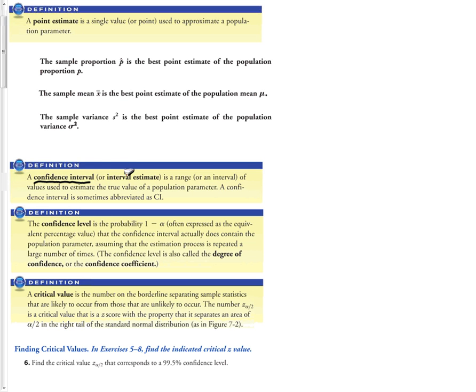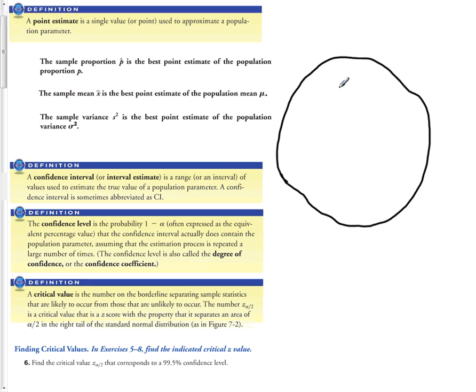All right, so what does that mean? Well, we have a huge population, and we can't really do a census to get all the information from the population. What we're going to do is create an estimate based on a sample. There are many samples that I could take. Let's say I take this sample.